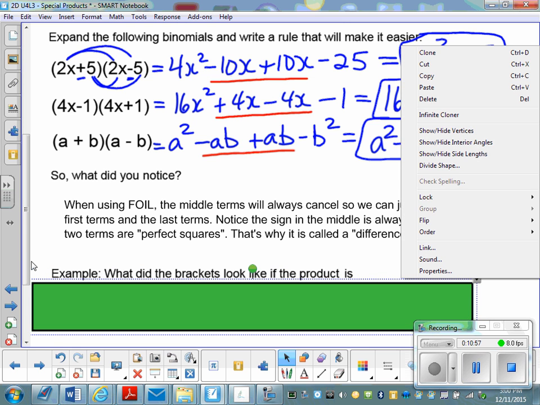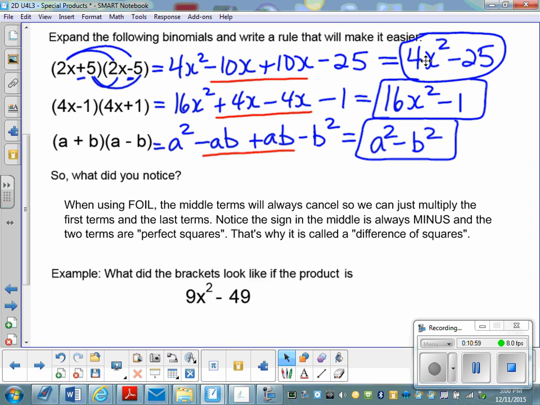So we just discussed it, but when we use FOIL, the middle terms always cancel each other out. So we can actually just multiply the first terms and the last terms when we see a situation where the brackets are exactly the same, but the signs are different.